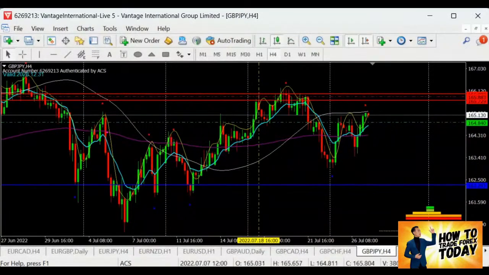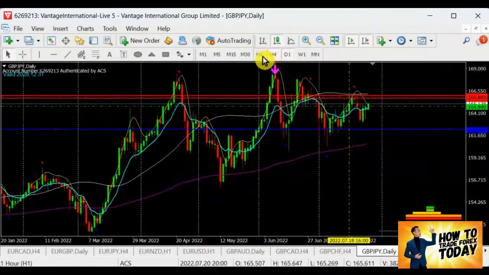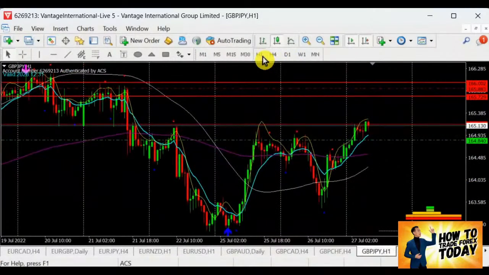So no clear direction for pound yen yet. If able to break below this line, then we may have a chance to sell. So we can pay attention to this. However, today more onto the buy side. So currently, I will not put this into my list, but we can monitor.